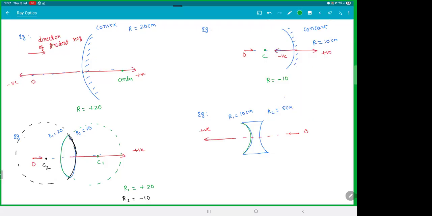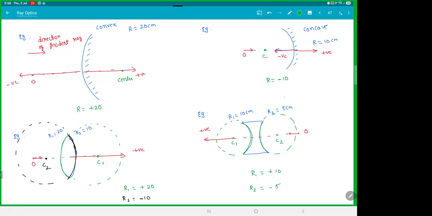So for R1, if you put a circle, the center is on the positive axis. For R2, if you put a circle, the center is on the negative axis. So R1 is plus 10 and R2 is minus 5. Clear with the sign convention? That's how you get the sign convention for the radius of curvature of lenses and mirrors.